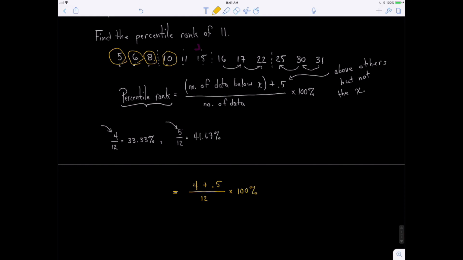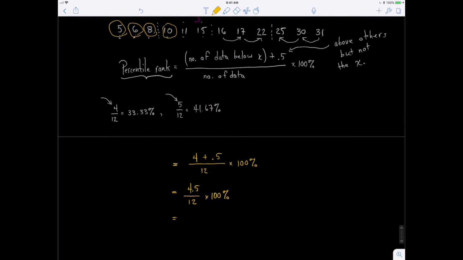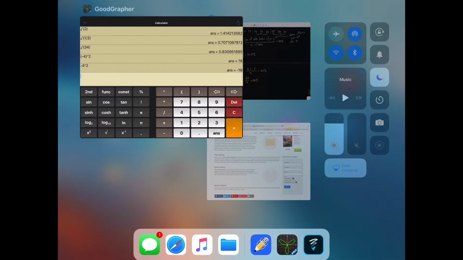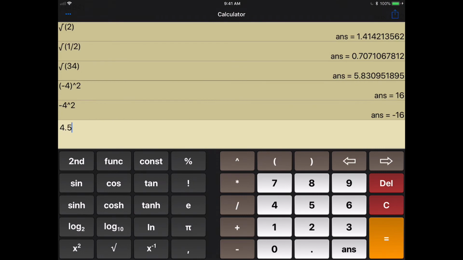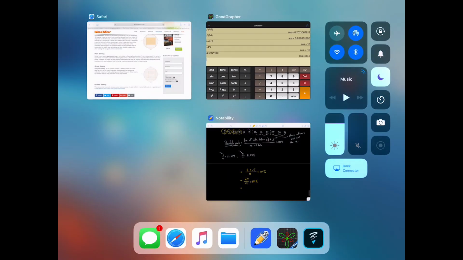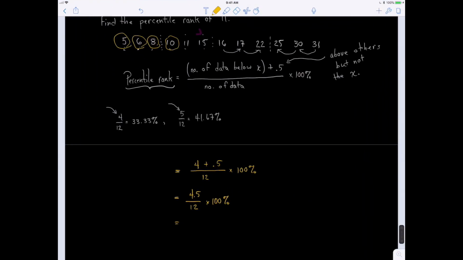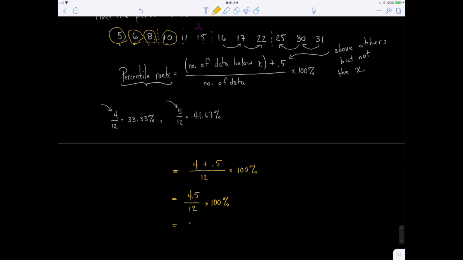So this becomes 4.5 divided by 12 times 100%. We can put this in our calculator: 4.5 divided by 12, multiplied by 100, gives 37.5. So 11 represents the 37.5 percentile.